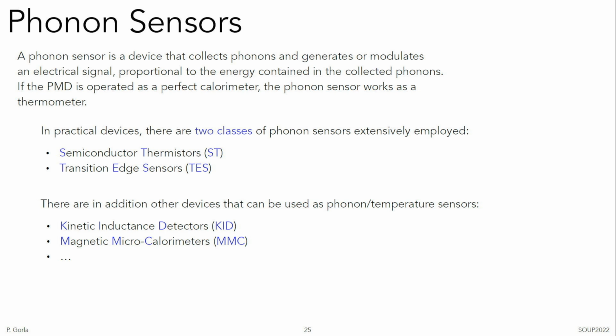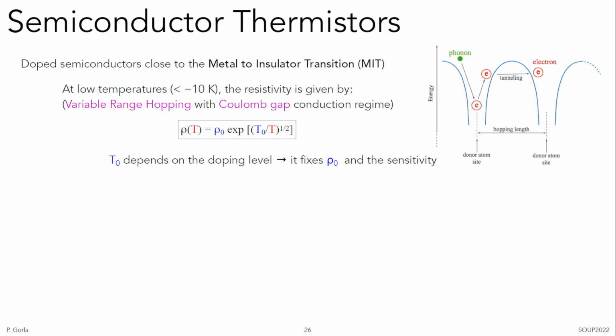One very important property, which is already well used in KIDs, is multiplexing, which can be very relevant if you have a very large number of detectors. But anyway, now I will say some words on these first two, and some of this can be extended to the other kinds of phonon sensor.